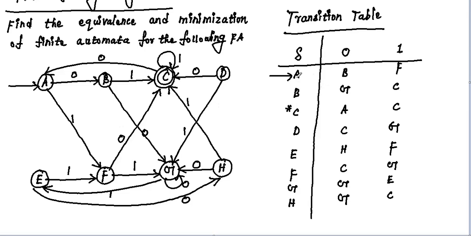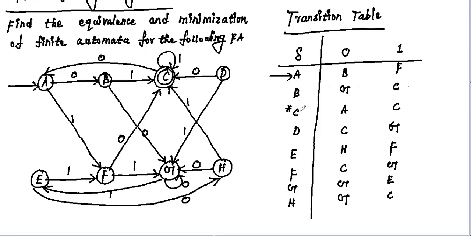Here the starting state is A, the final state is C, the states are A, B, C, D, E, F, G, H, and the inputs are 0, 1. Take the starting state A and apply inputs 0, 1. A0 goes to B, A1 reaches F. Here you write BF. Next B: B0 reaches G, B1 goes to C. Here GC.